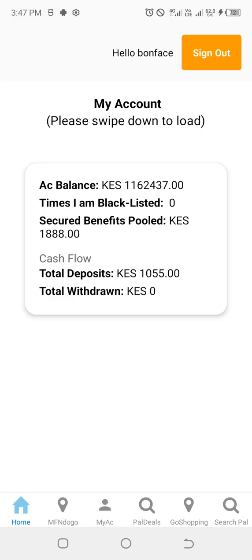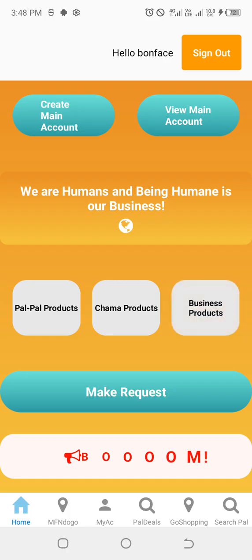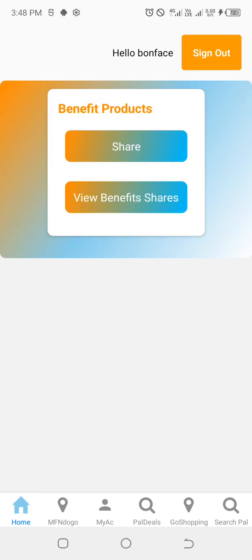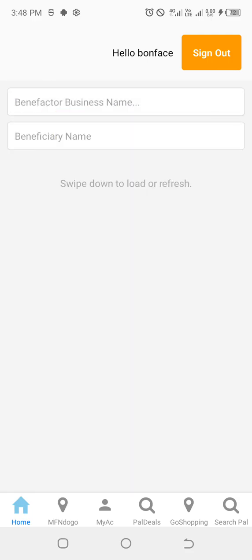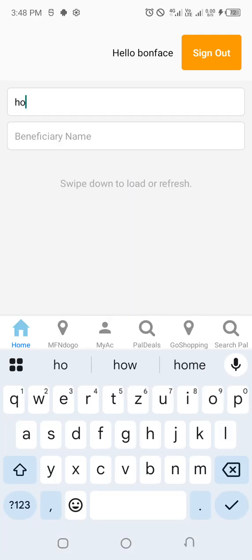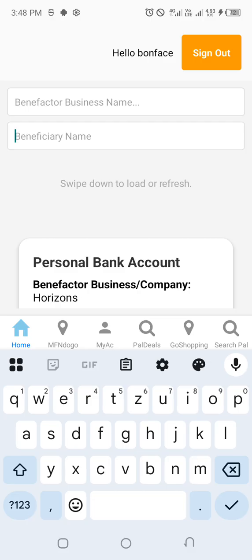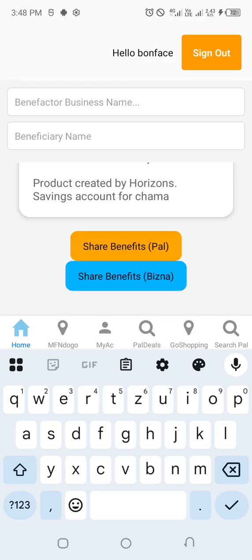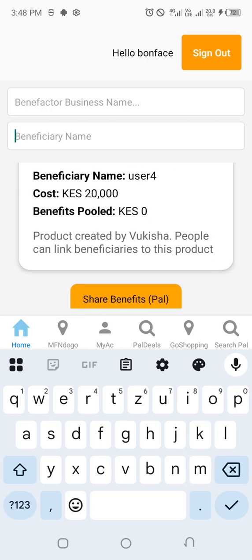So let's see if I can make some contribution to a particular share benefits, and let's send to Horizon, user 4. Yeah, so there you are. All right.